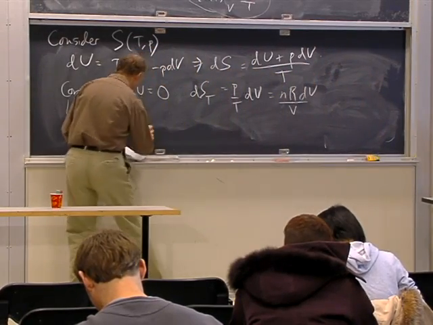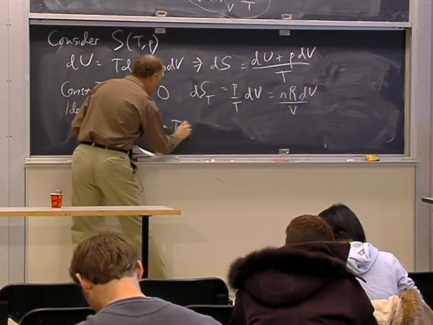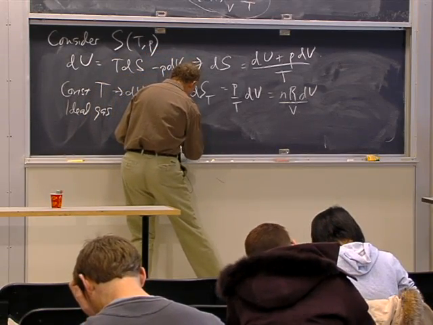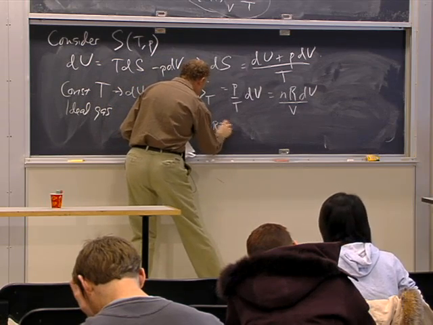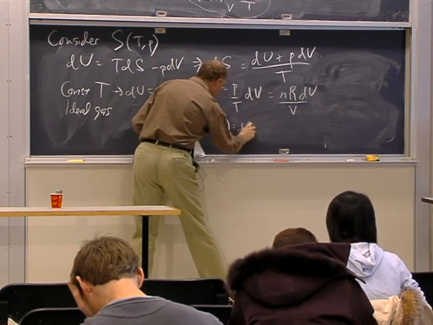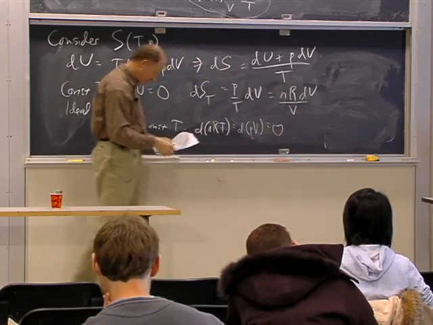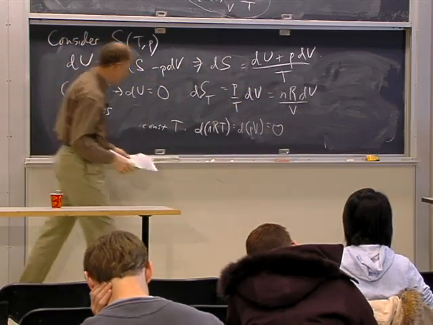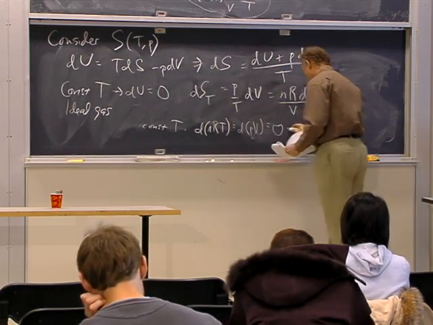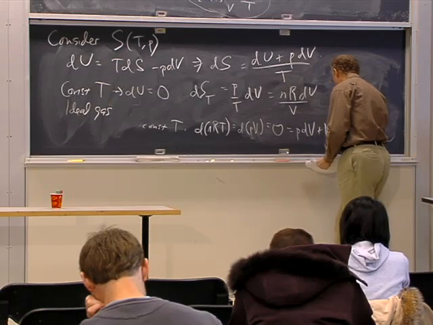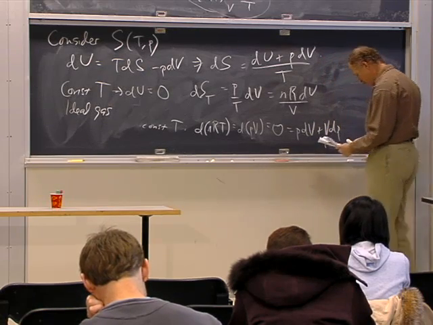At constant temperature, that means that d(nRT), which is the same as d(PV), is equal to 0. But this is P dV plus V dP.